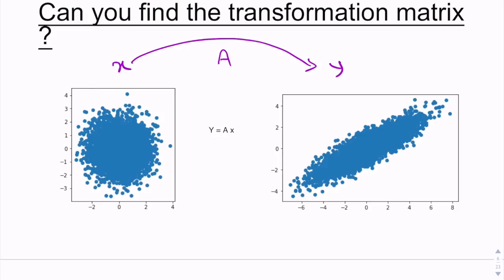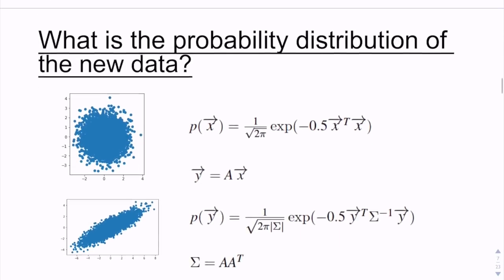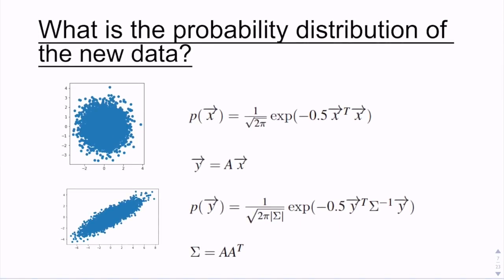So first of all, we want to see if the probability distribution of this standard bivariate normal distribution looks like this, and then if we multiply the data from this distribution by A, what is the probability distribution for y?